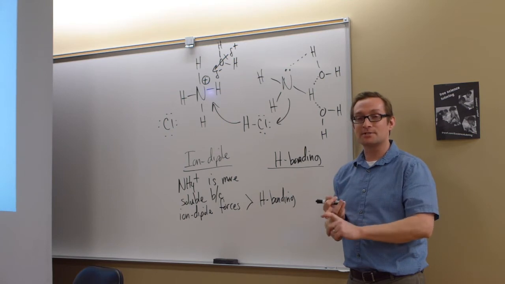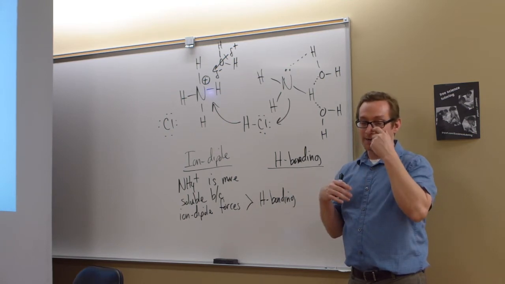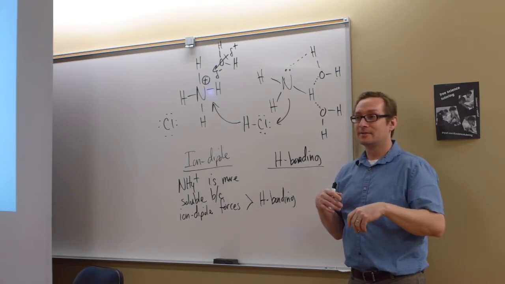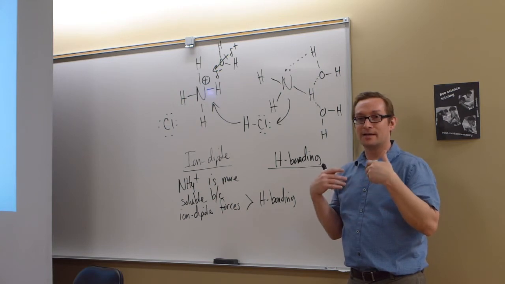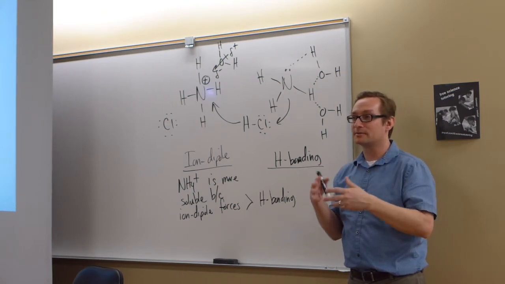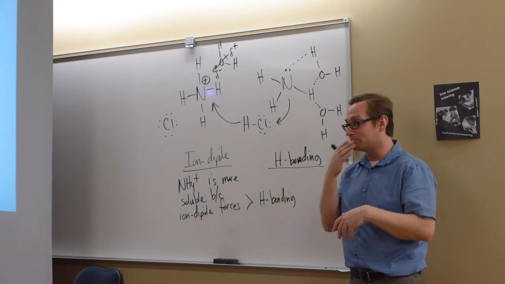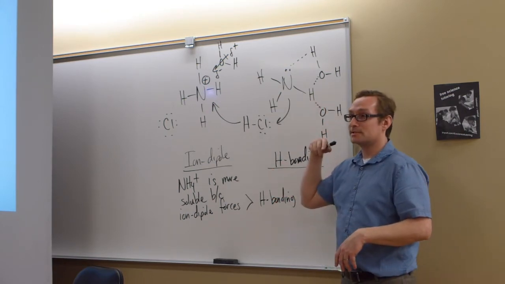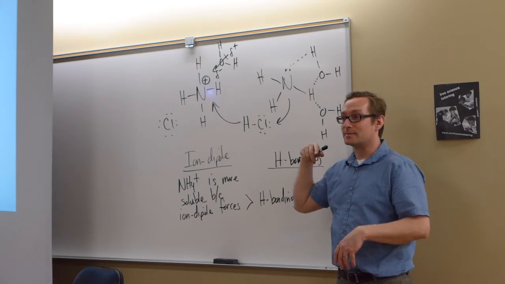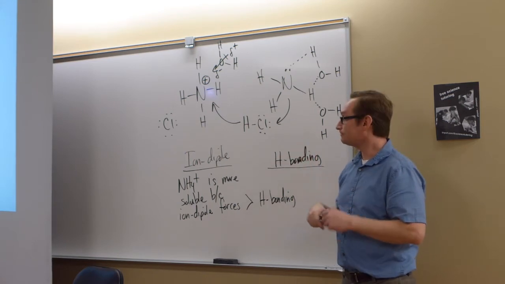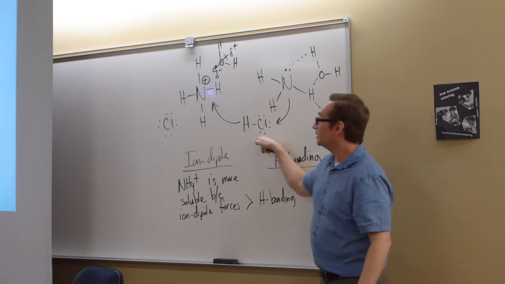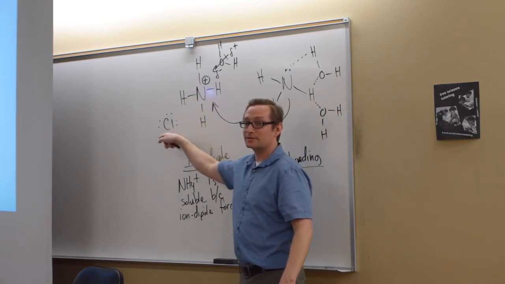For acid-base chemistry, how do we identify a weak base? We identify it by having a nitrogen group with either 0 hydrogens or up to 3 hydrogens. Ammonia is a base. Does that ring a bell? Throw it in with an acid, you get ammonium chloride for the product.